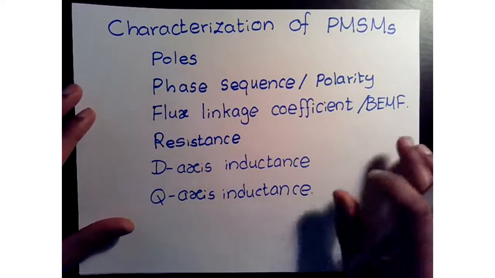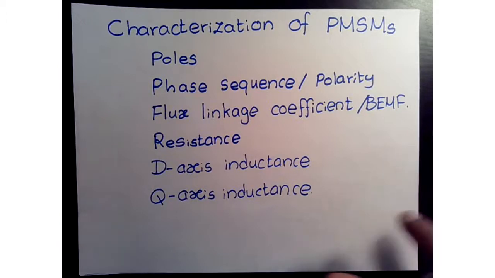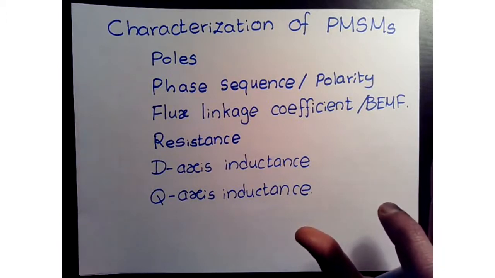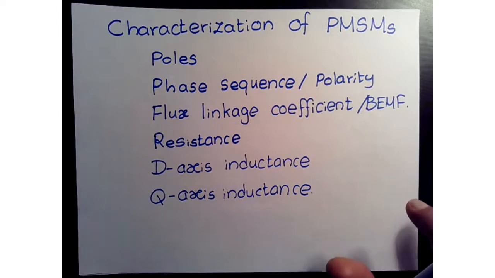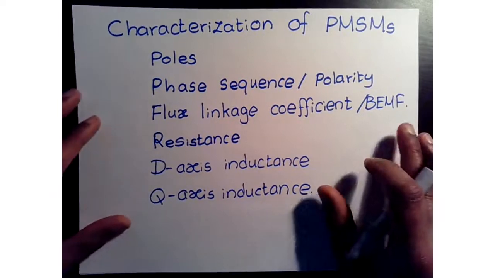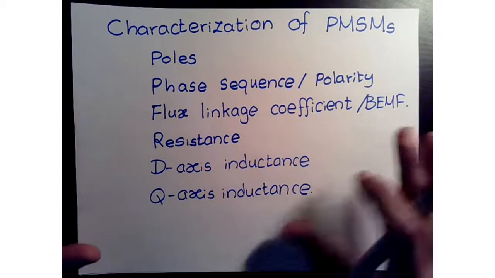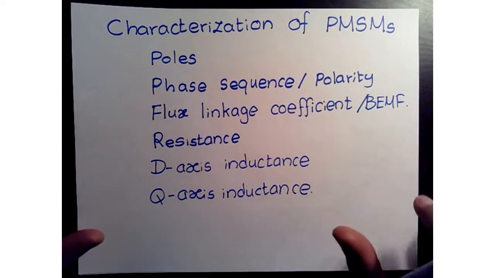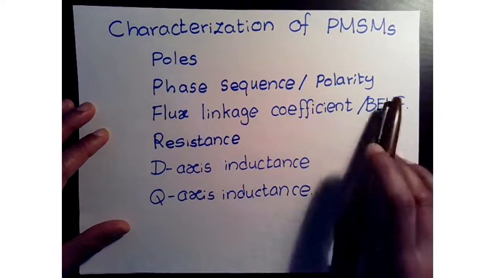Okay. And they are fairly similar to the DC machine characterization, but the only twist here is we now have three phases that we have to work with when we are measuring these parameters. Okay, so you have to be a little bit careful when you measure the machine parameters.